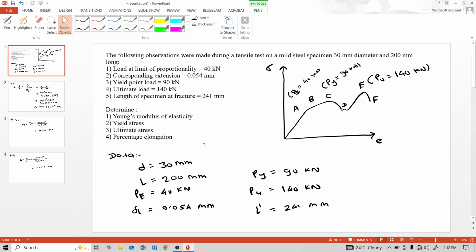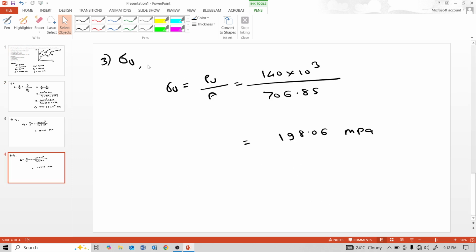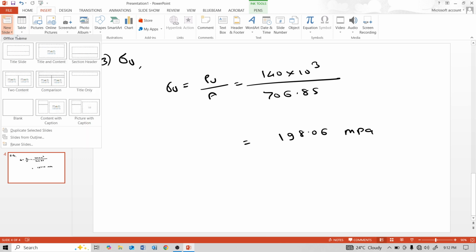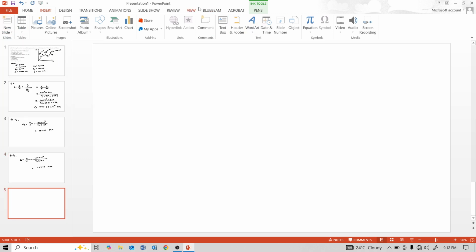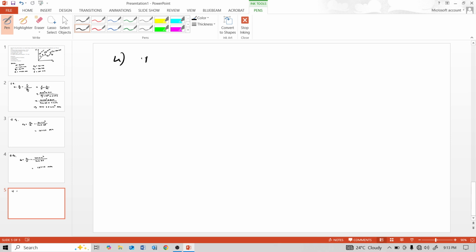Next, calculate percentage elongation. The formula for percentage elongation is final length minus original length upon original length.